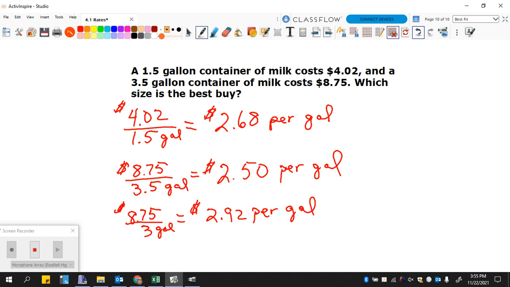In this case, it would be cheaper to buy two 1.5 gallon containers than one 3.5 gallon container if you're only going to drink 3 gallons. So you have to think about what the situation actually is.